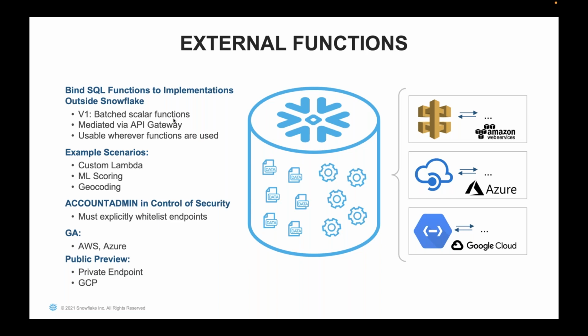When I run that, I pass the column containing the email content, and it converts it into Cantonese, which is a Chinese language. That's all done through an external function. That function resides not in Snowflake but in AWS.